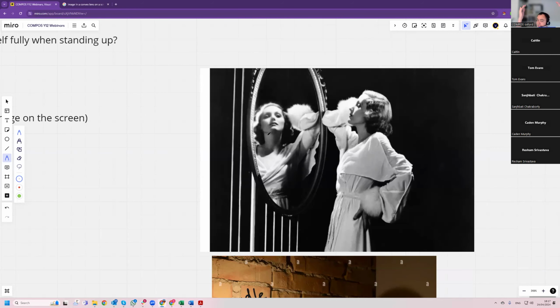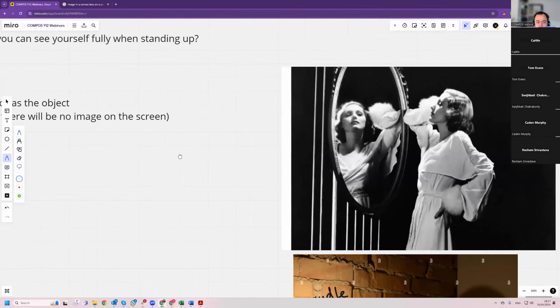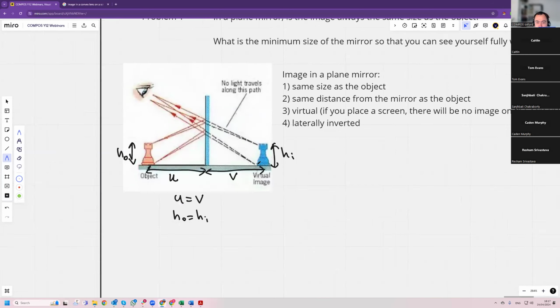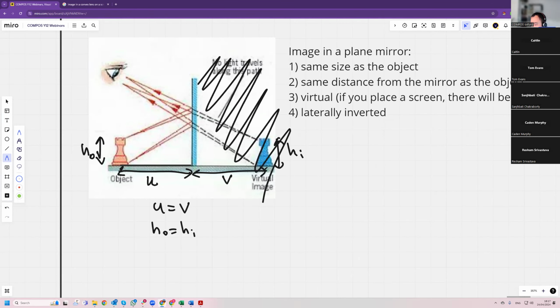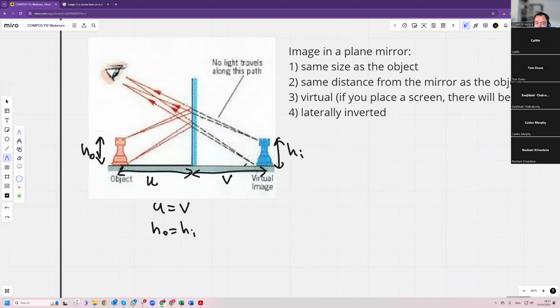And if you place a screen behind the wall, you won't see anything on the screen. Does that make sense? You don't even know what's in there. It could be a forest, it could be outside. If you place a screen here, nothing will be shown on the screen.